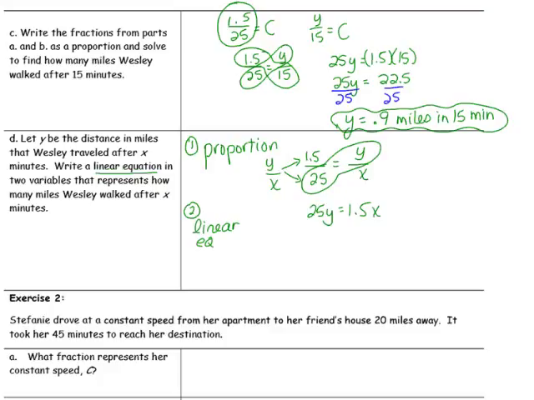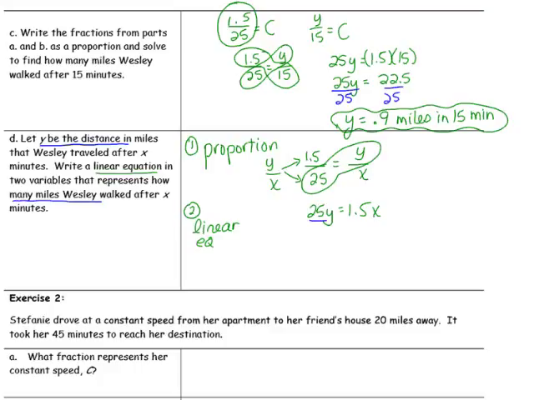Now, you have to know whether you are supposed to solve for y or x. Remember, let y be the distance in miles after x minutes. Write a linear equation in two variables that represents how many miles. So we are solving for y, the miles.